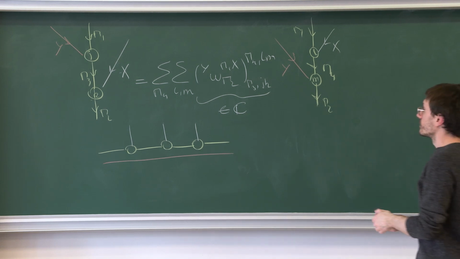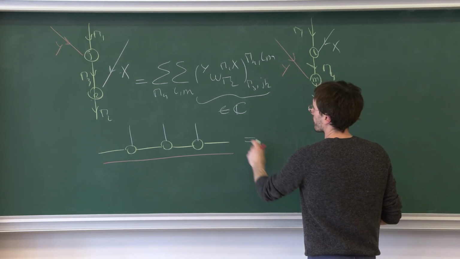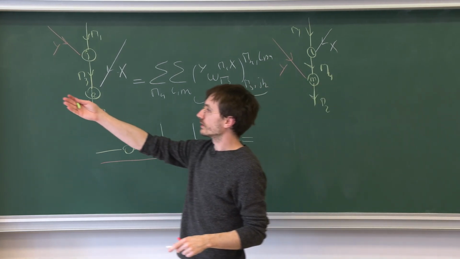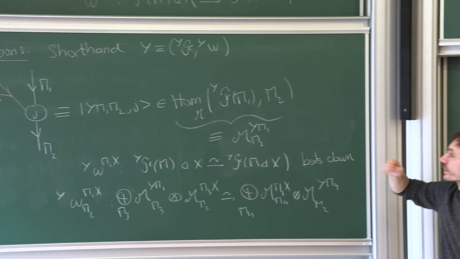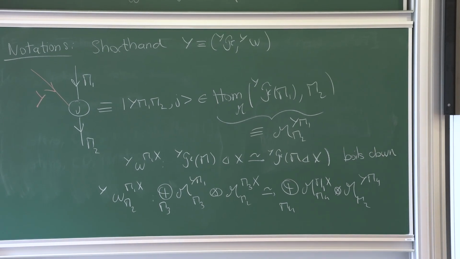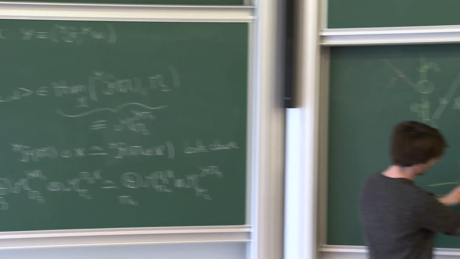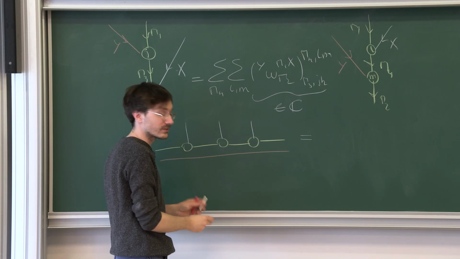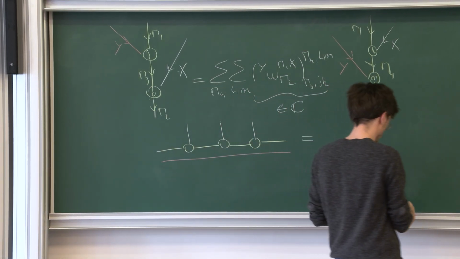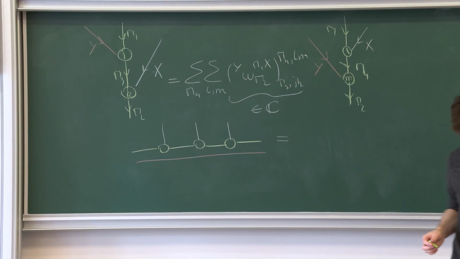The fact that we are in action, the F, means I can absorb this red line in the horizontal one the same way we did it initially. Let me just draw it and switch.